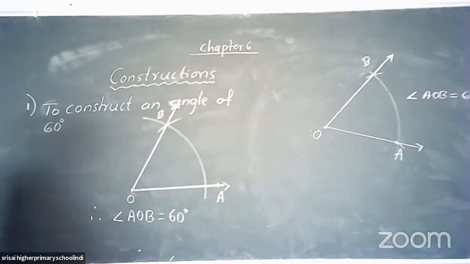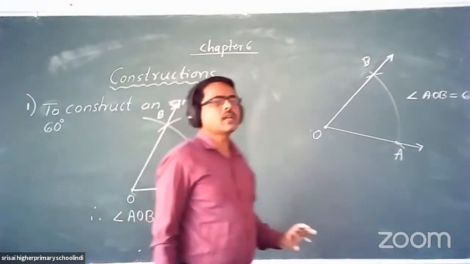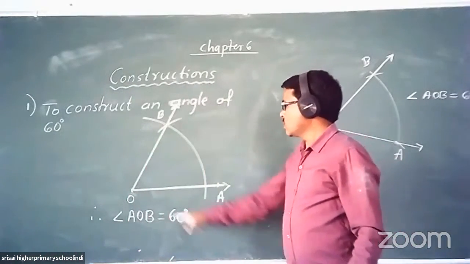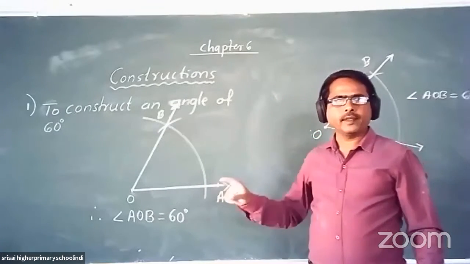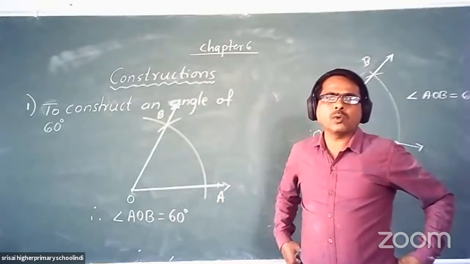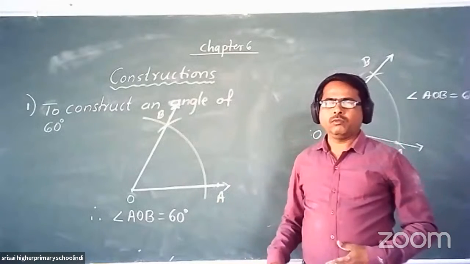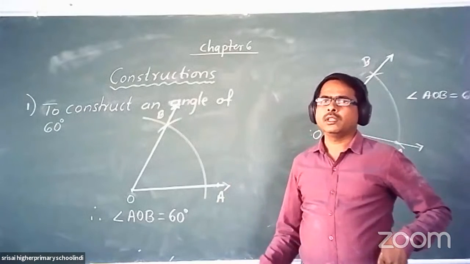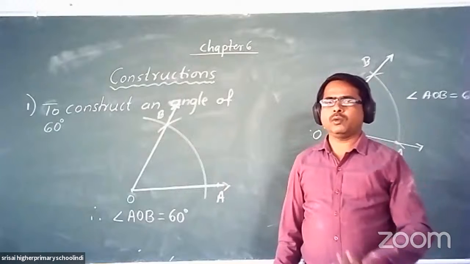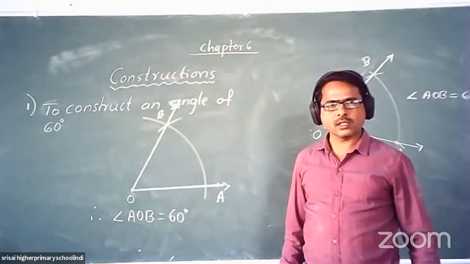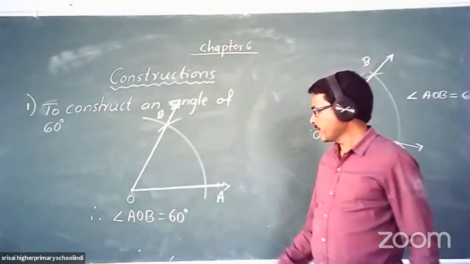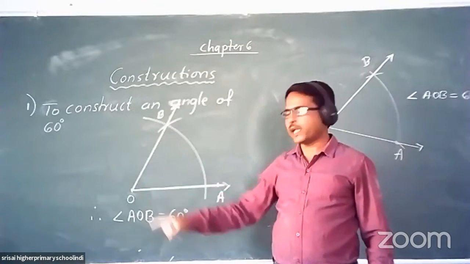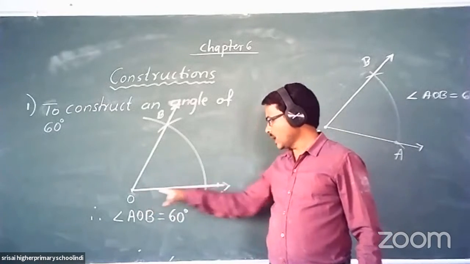Understood? You need to write the steps of construction. How? Draw a ray OA. You can write steps in your own language. In mathematics, content is important, so you can write steps in your own language. Draw a ray OA.